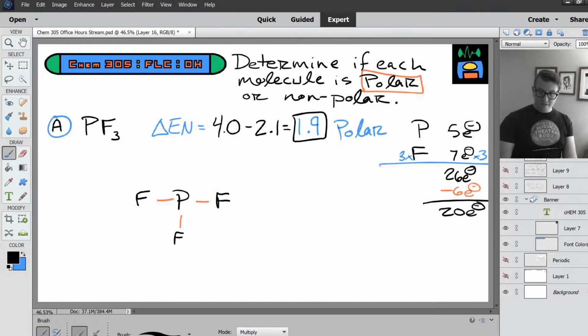Leaving us with 20. Now, to complete the first octet on fluorine, it's going to cost us 6 electrons. 2, 4, 6 to give fluorine 8 electrons. Leaving us with 14 in our budget. Our next fluorine also requires 6 electrons to get up to 8. So we subtract another 6.